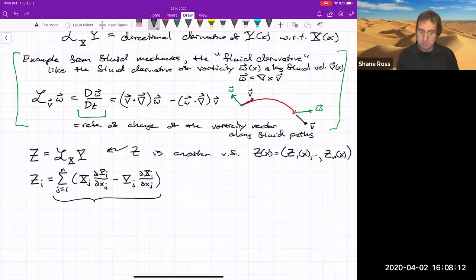Another notation, sometimes people don't write this kind of capital L stuff. They'll write this a different way.